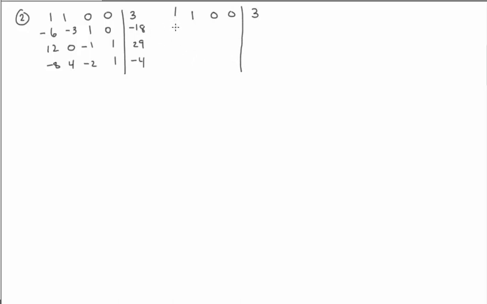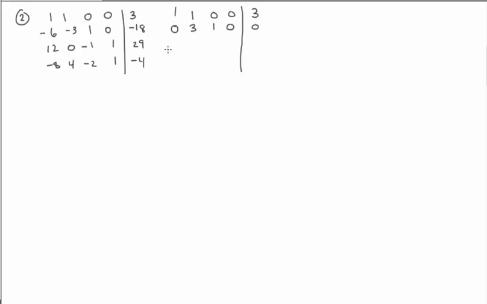Then these need to all be zeros. I'm going to try to do this in one step. This is a 0. Okay, so I'm multiplying this by -6 and then adding it to this row. Actually multiplying it by +6, adding it to that row. So then this becomes a 3, this becomes a 1, 0, 0.